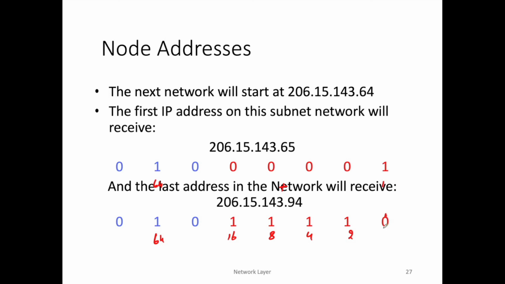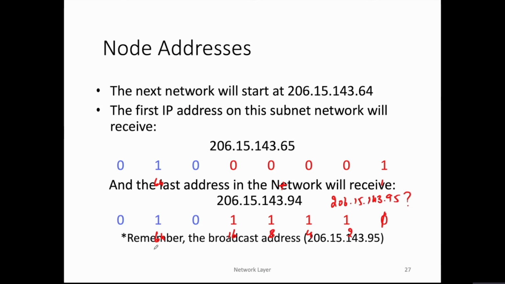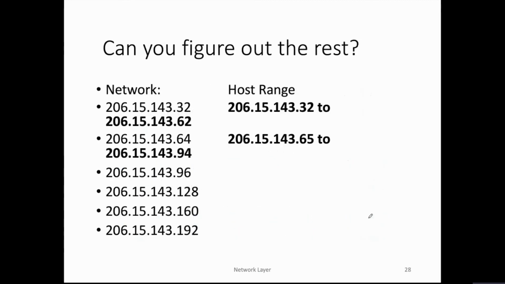And if I also turn this bit to 1, the address would be 206.15.143.95, but we cannot assign it to a node. Why? Because this is the broadcast address. We can see that because all the bits in the host portion are 1.